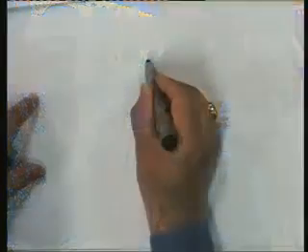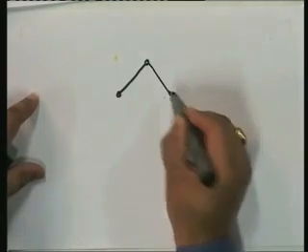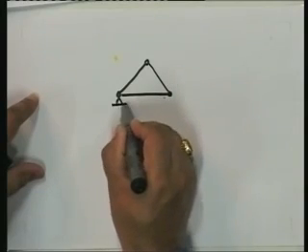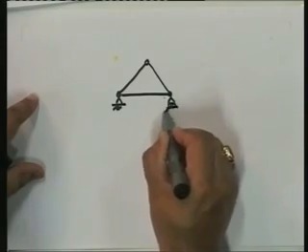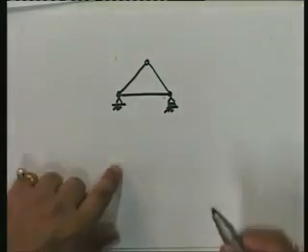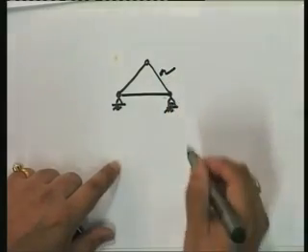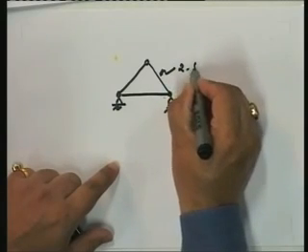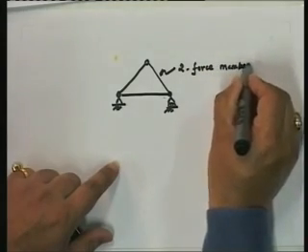Remember that in a planar structure, for example, let's take a simple truss. What is a truss? A truss is essentially a structure made up of members where each member is what is known as a two-force member.